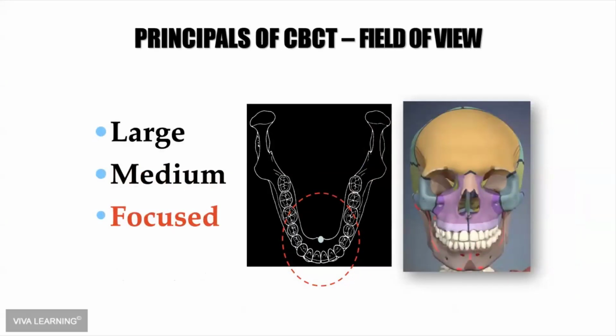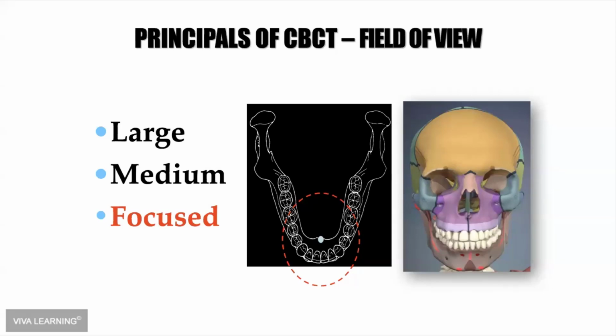You can also get what we call a focus field of view. And there's some CBCTs that you can dial in everywhere from a very small, like a 5 by 5 centimeter area, all the way up to that full view. They're obviously more expensive machines to do that, but you can do what's called a focus view and just concentrate on one area.